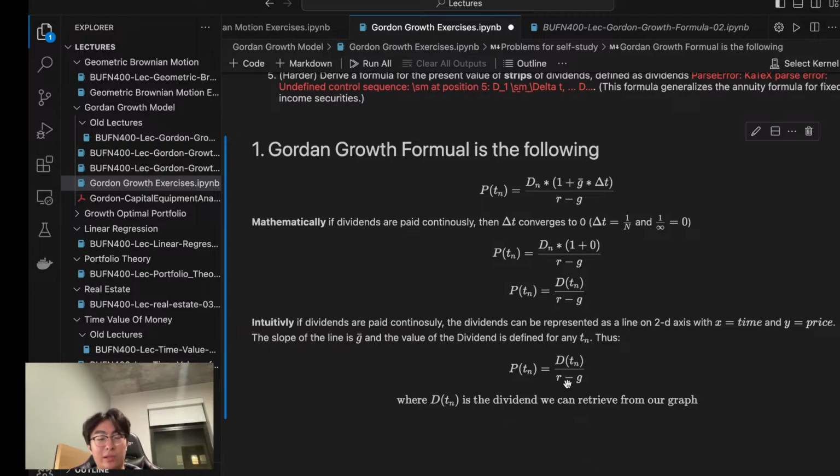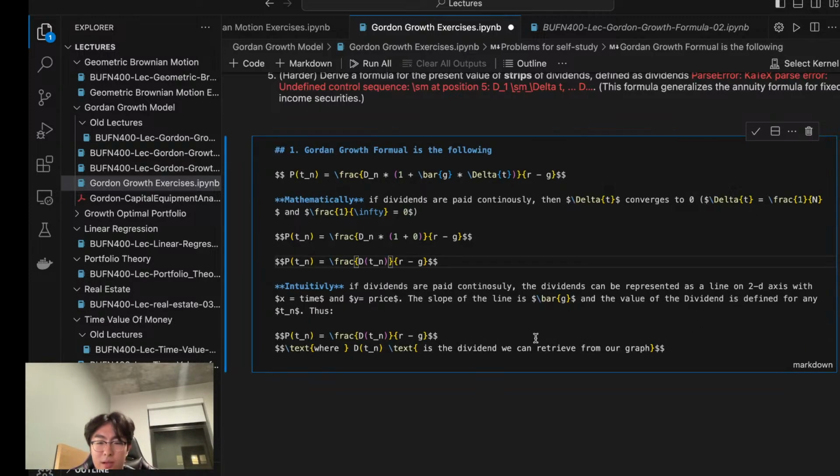So, right, D of Tn is, we can say, some type of regression that describes the relationship between our independent variable, which is time, in this case Tn, and the dependent variable price. Or I guess price is not a great word to say. Maybe value of dividends.